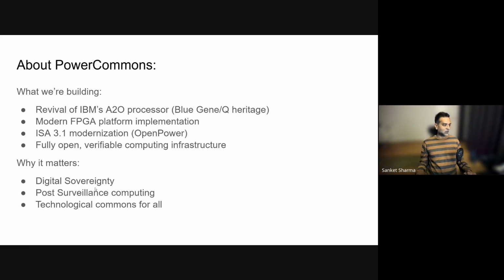We are in control of what we use and what we buy, and in control of the data it generates or sends. Post-surveillance computing platforms and technological commons for all. It should be available to everybody to experiment, to play around, and be open for building other open source and open devices or technologies.